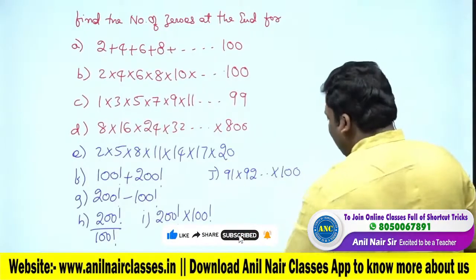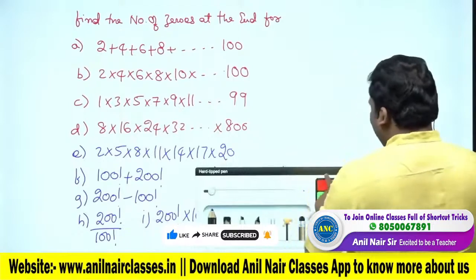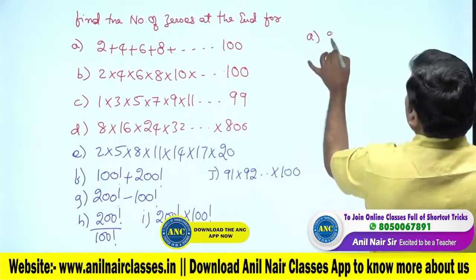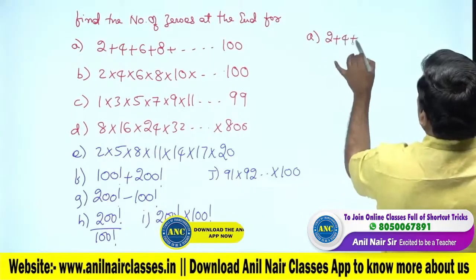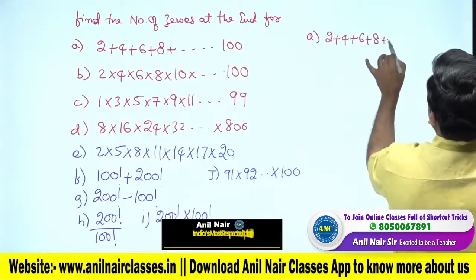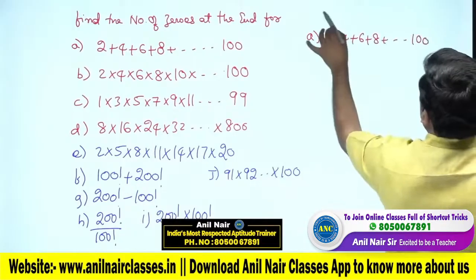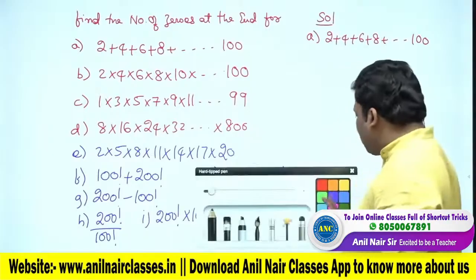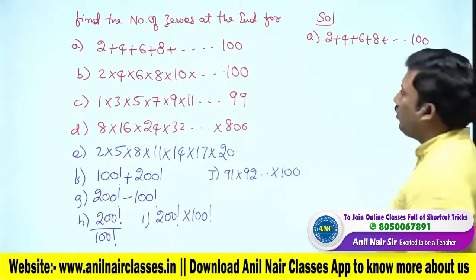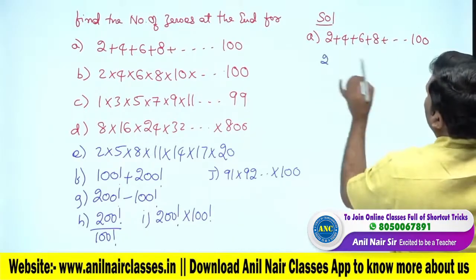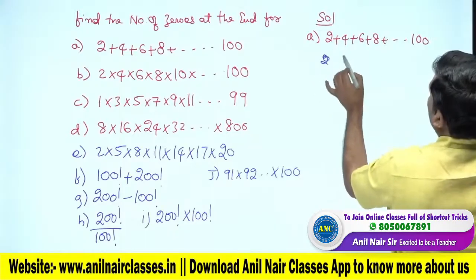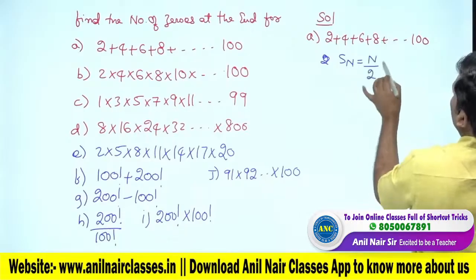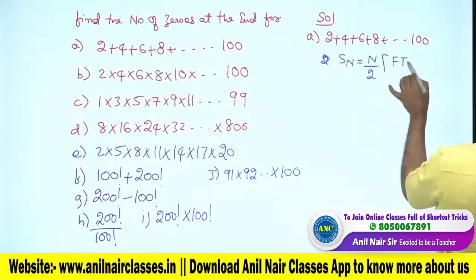I hope it is clear. First question. Find the number of zeros at the end for 2 plus 4 plus 6 plus 8 and so on up to 100. Solution. So if I take 2 common, now these are all, Sn is nothing but n by 2 into first term plus last term.